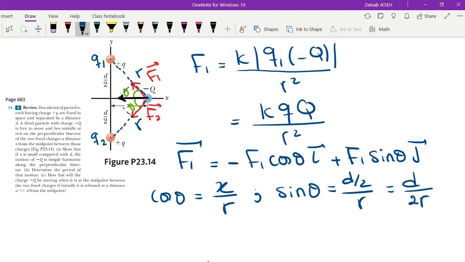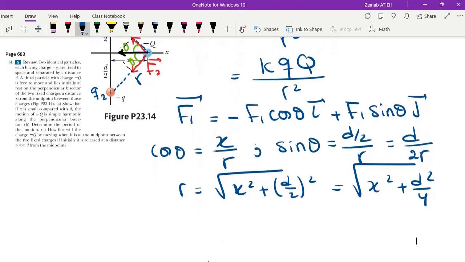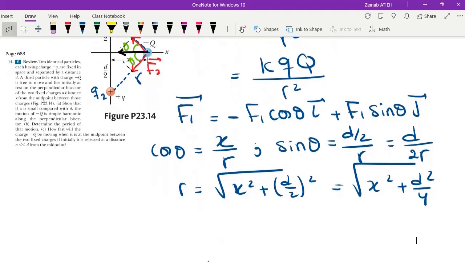And r, if you want, okay, r is equal to radical x squared plus d over 2 squared, which is radical x squared plus d squared over 4. So these I find from the triangle. Now I have everything, I just substitute.